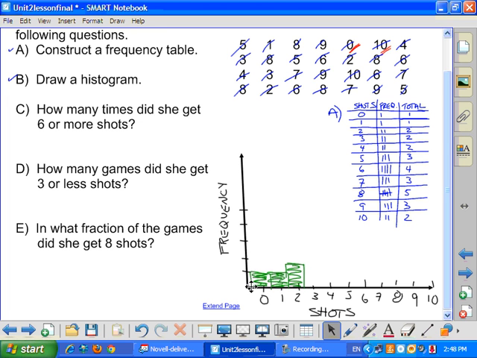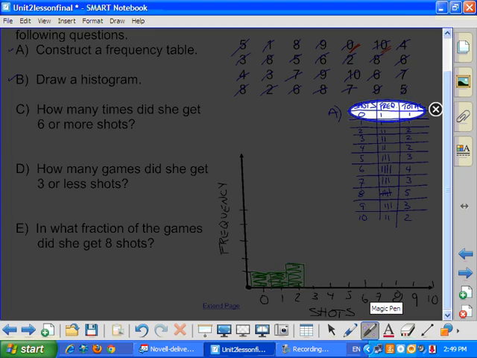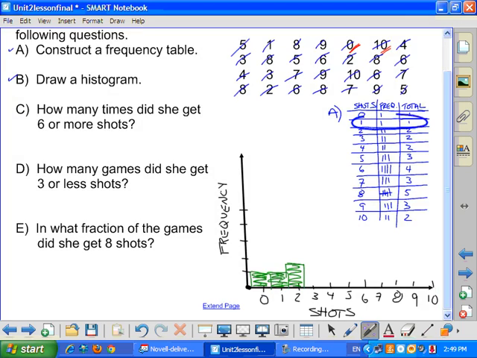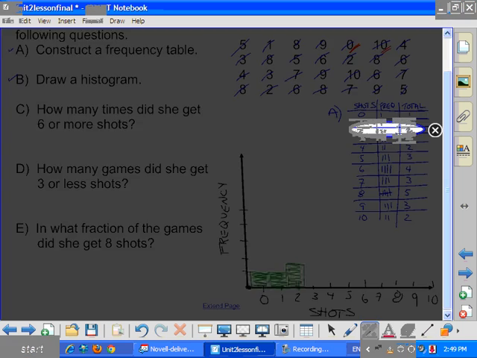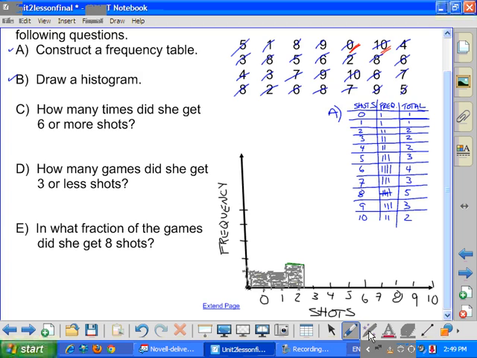So I'm just reading. If you're wondering where I'm getting these numbers, I'm looking at 0 shots happened once. 1 shot happened once. 2 shots happened twice. So I'm just reading from there. So 3 shots happened twice. 4 shots happened twice.